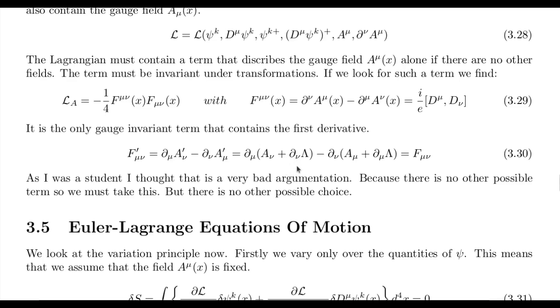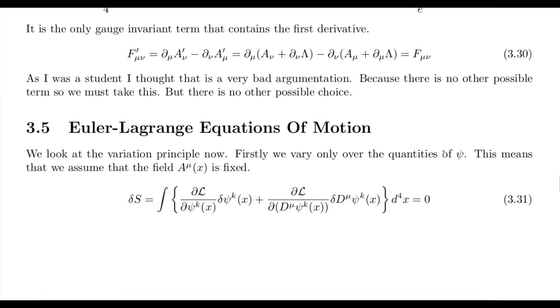And so we have only d mu A nu minus d nu A mu, and that is the untransformed F. So we see transformation invariance. That's okay.